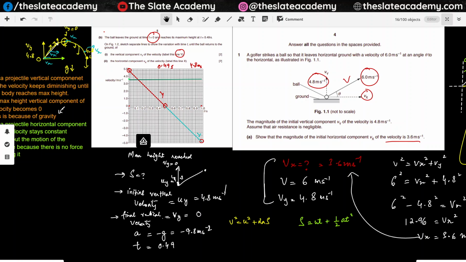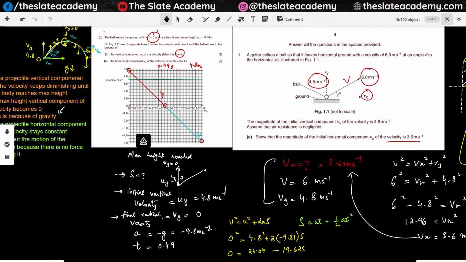If I plug in the values in the first one, let's do it together. I'll have 0 squared is equal to 4.8 squared plus 2 into negative 9.81 into s, right? So 0 is equal to 4.8 squared, which is 23.04, minus 2 into 9.81, which is 19.62s.